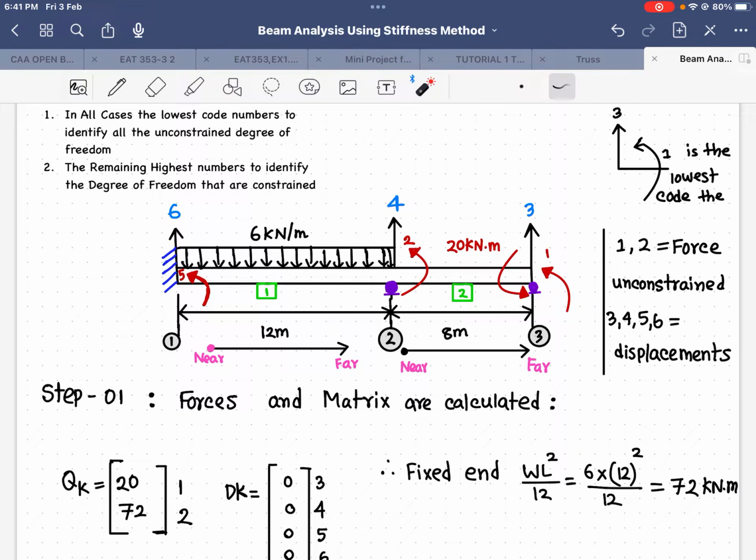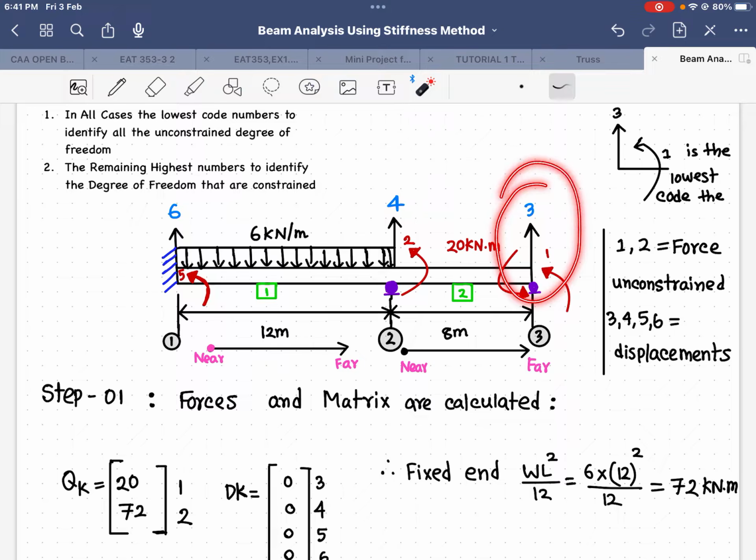Now what we have to do, the easy way to get the QK and the DK. In all cases we have to use the lowest code numbers to identify all the unconstrained degrees of freedom. So we have to find the lowest code number.